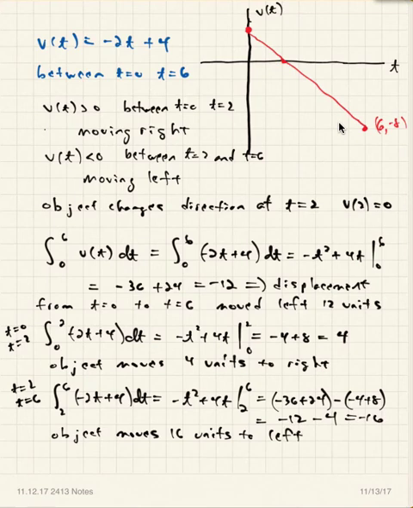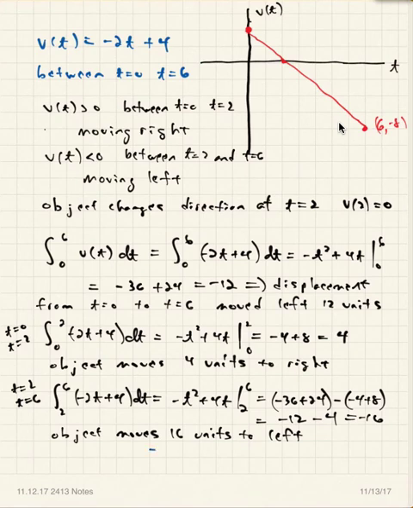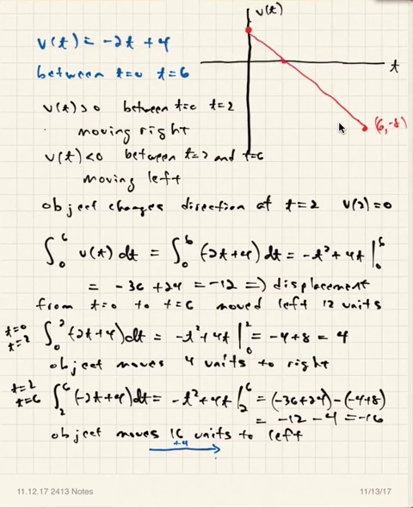And then it makes sense where it ends up: 12 units to the left. You could look at how this works out at the bottom here. The object moved 4 units this way to the right, and then moved 16 units this way, minus 16.